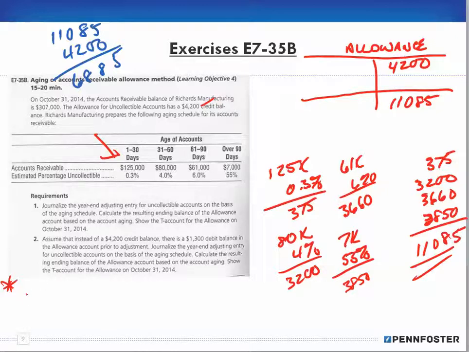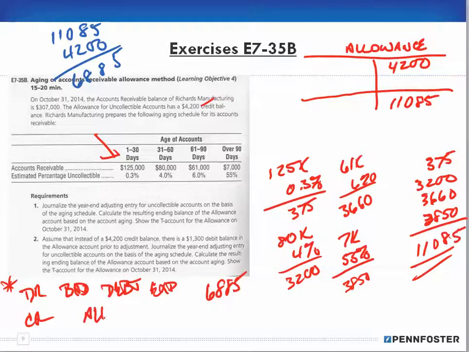So I make that journal entry as a debit to my bad debt expense for $6,885, and I'm going to credit, and I'm not going to write it out here, but it's my allowance for uncollectible accounts of $6,885.